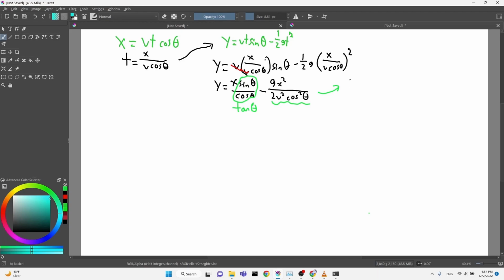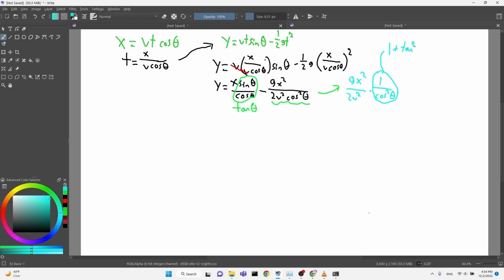Now, we could write this as gx squared over 2v squared times 1 over cosine squared theta, right? Now, what we're interested in is this 1 over cosine squared theta. One of the trigonometric identities is that 1 over cosine squared theta is 1 plus tangent squared theta.